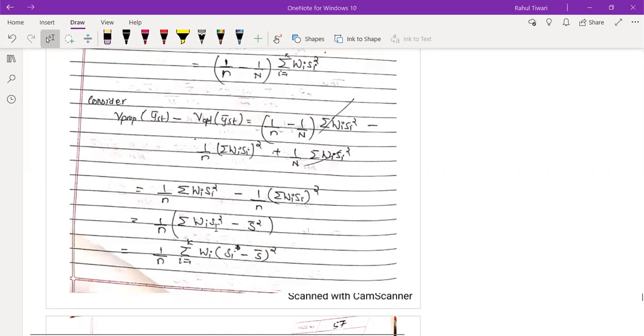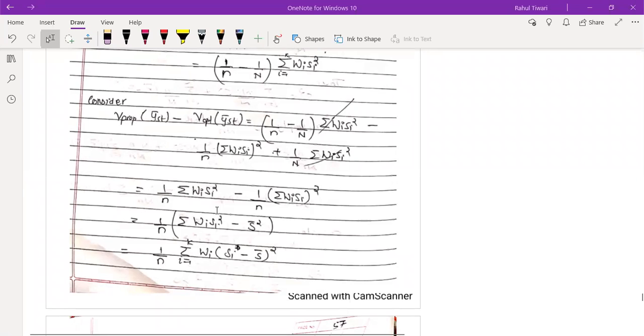How? We need to use a minus b का होल स्क्वायर. तो a माइनस बी का होल स्क्वायर जब अप्लाई करोगे तो क्या होगा एस आई स्क्वायर माइनस 2s bar SI plus S bar square.